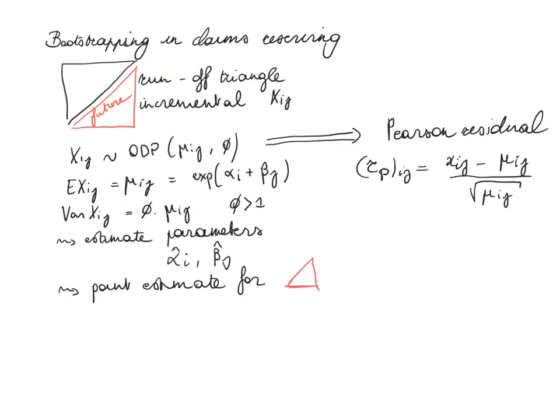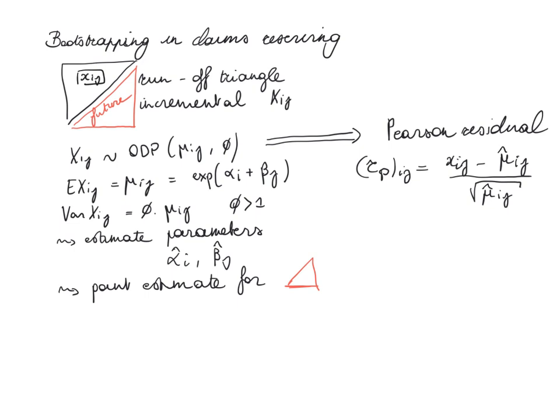Now, of course, in this notation, the xij is my observed amount in a cell in the upper triangle, and the mu would be what I'm going to estimate for this cell in the upper triangle using the specifications that we introduced over here. So typically I'm going to denote this mu with a hat, because that would be my estimate relying on the parameter estimates for alpha i and beta j. And this xij would be a particular cell over here. I can do this for any cell in the upper triangle.